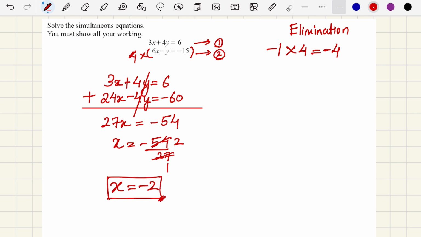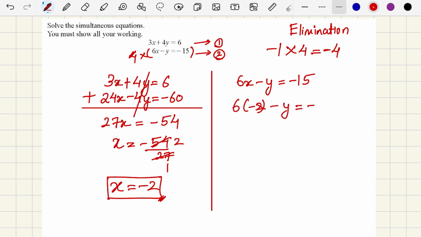That's how I get the value of x. Now if I want to find the value of y, I'll substitute x equals negative 2 in any one of the equations I like. So here I have 6x minus y equals minus 15. 6 times minus 2 minus y equals minus 15. Minus 12 minus y equals minus 15. Minus y equals minus 15 plus 12.